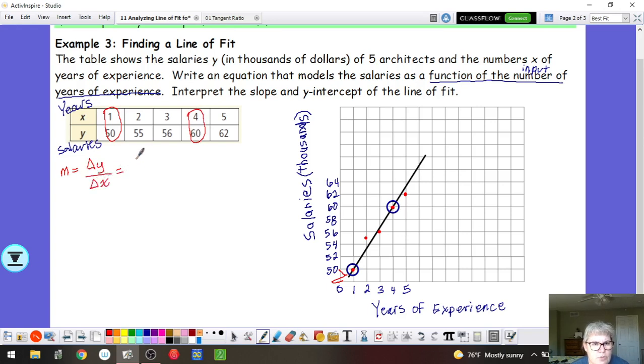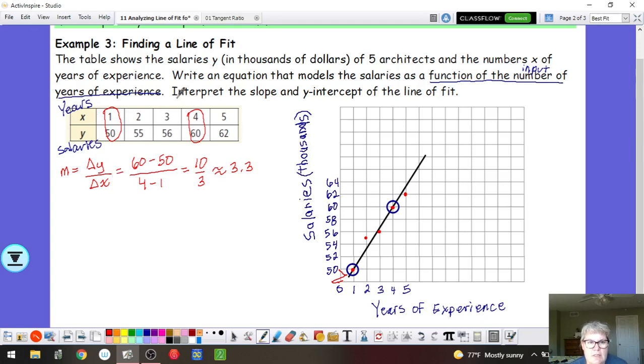So I'm going to do 60 minus 50 over 4 minus 1. So our slope is going to be 10 over 3, or approximately 3.3 when we round it to a decimal. And the reason I went ahead and rounded it is that this is an application. So y is the salary in thousands and x is the years.